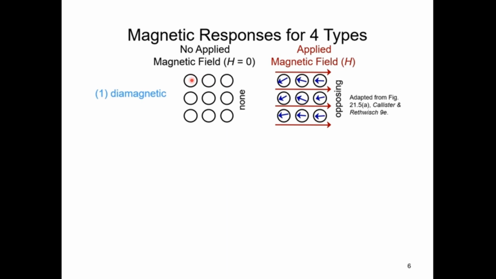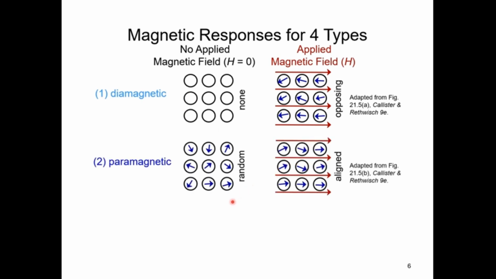At the beginning they have no atomic dipoles, but when we apply a magnetic field, the atomic dipoles start to develop, and these atomic dipoles are in the opposing direction to the magnetic field. So this is our direction of magnetic field, and this is the direction of atomic dipole. They are opposite to each other for diamagnetic material.